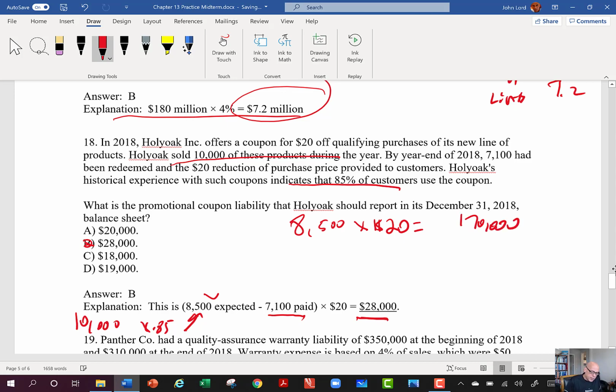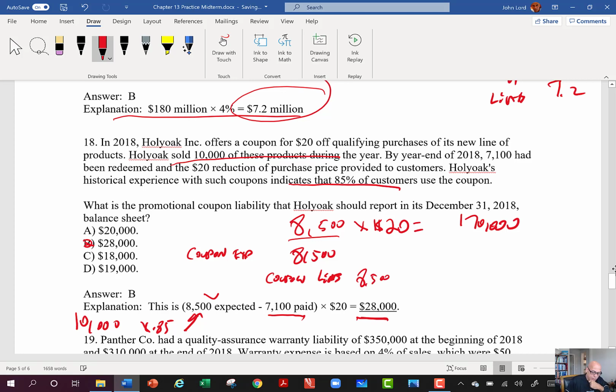Based on your estimate that 85% are going to be redeemed, you would debit coupon expense and credit coupon liability.